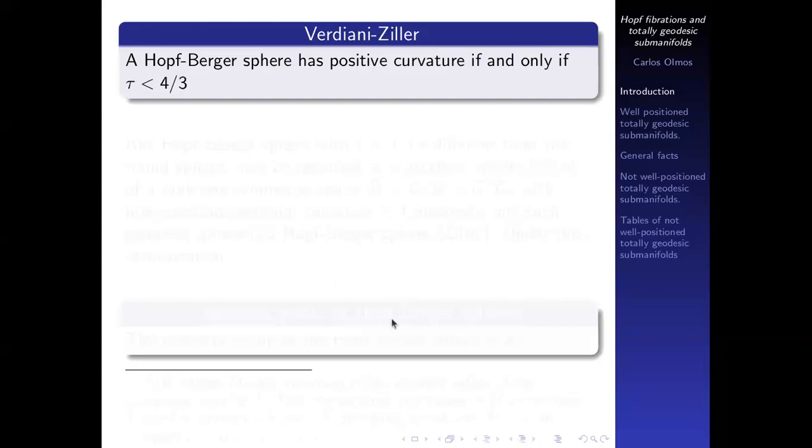A Hopf-Berger sphere has positive curvature if and only if tau is less than 4/3. This is a calculation performed by Verdiani and Ziller.